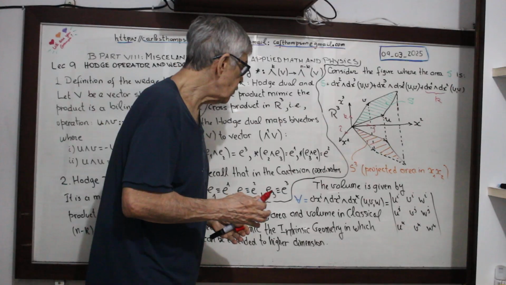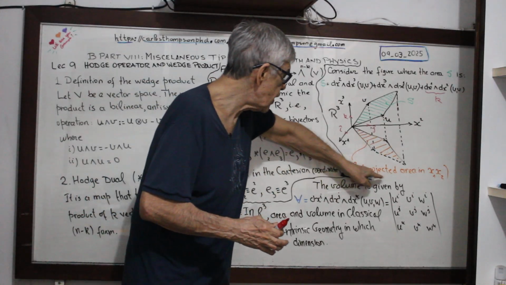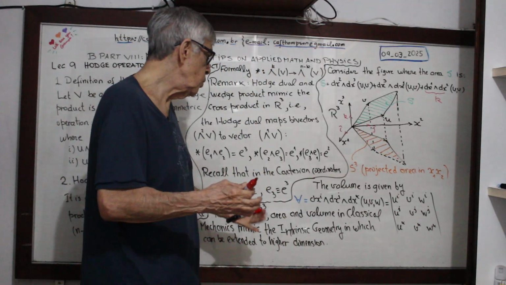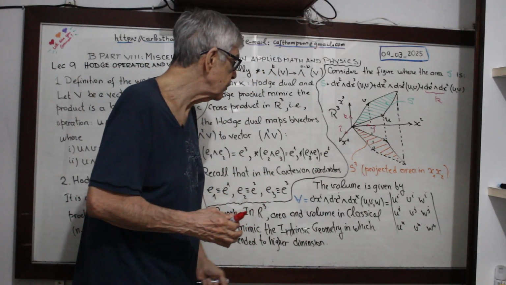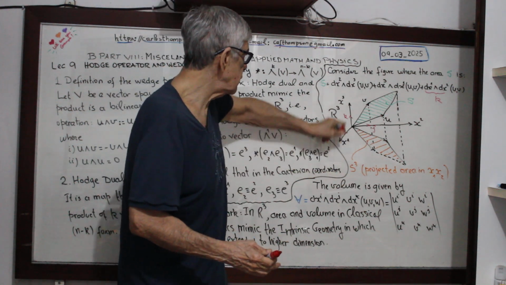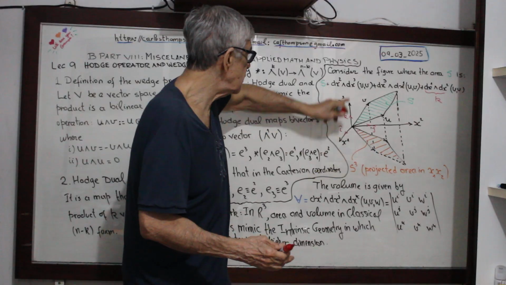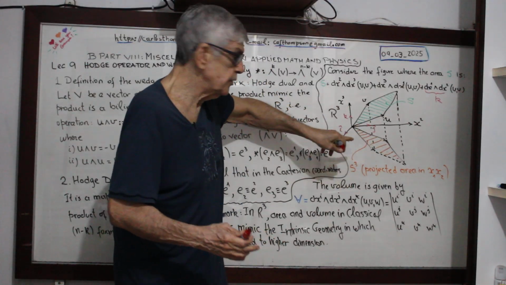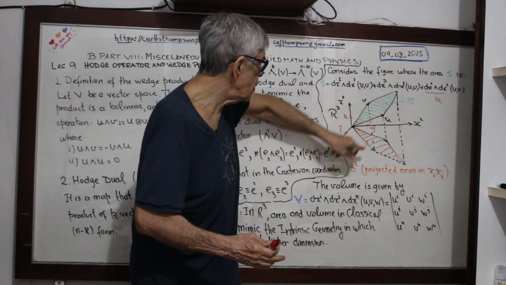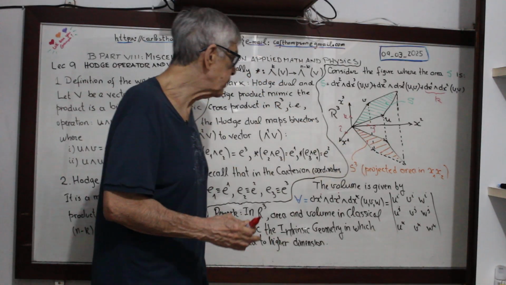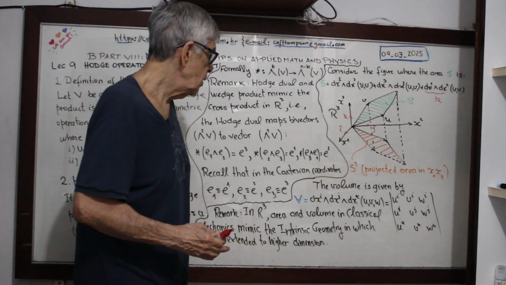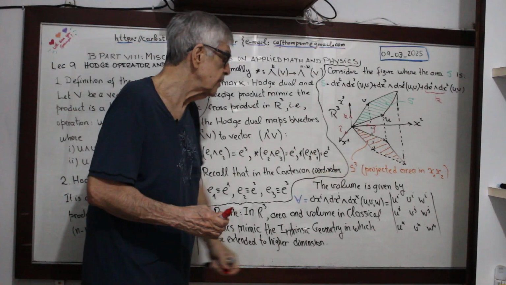So S3 is the projected area in x1, x2. I could show the other two projections, on the plane x2, x3 and x3, x1, but this example is a particular case, where I just project the green one onto the pumpkin color, x1 and x2, which can be represented by a determinant.